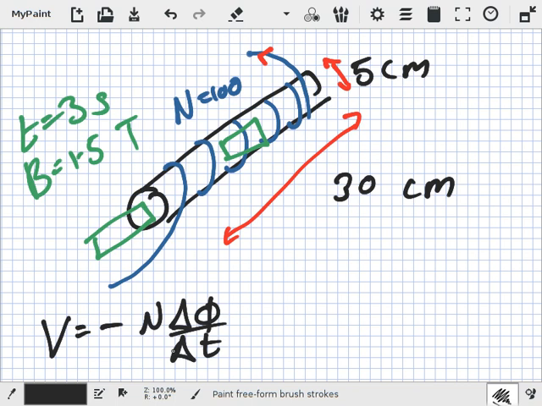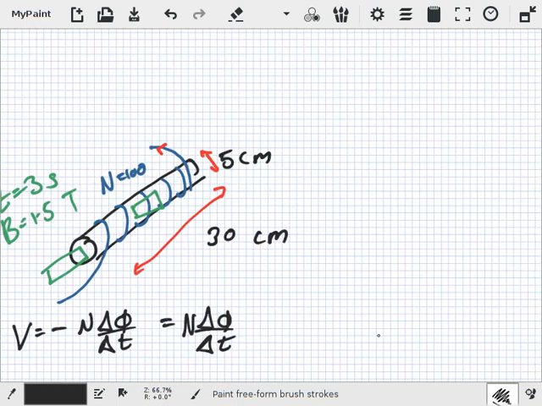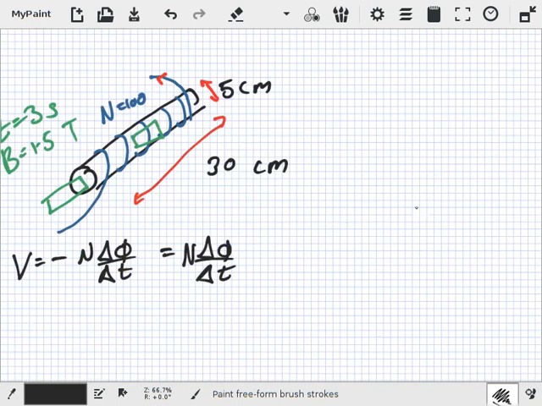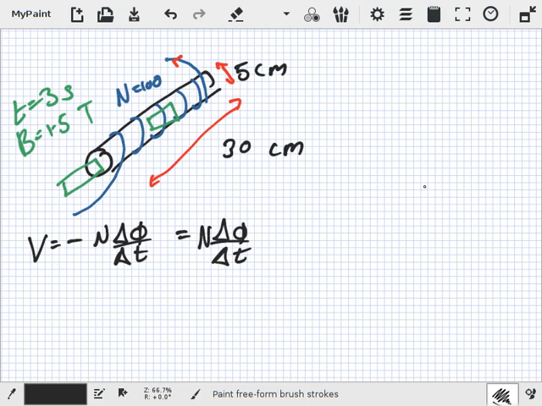To help you out a little bit here, it's the B that changes.